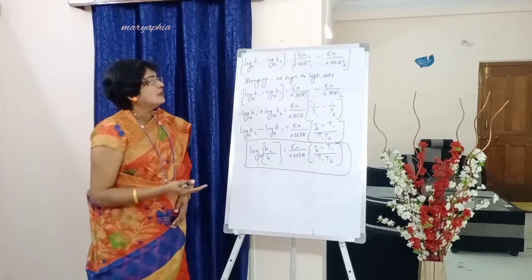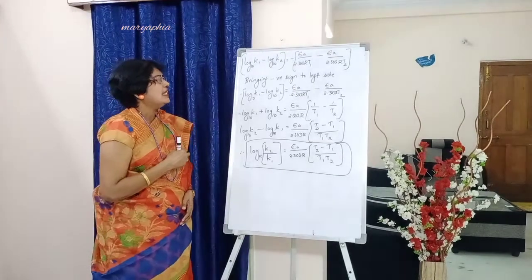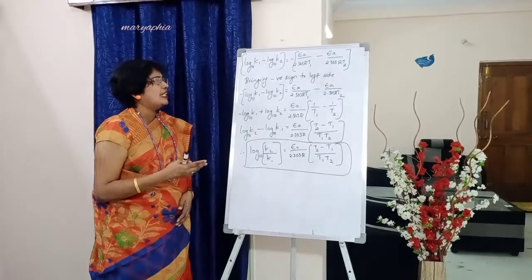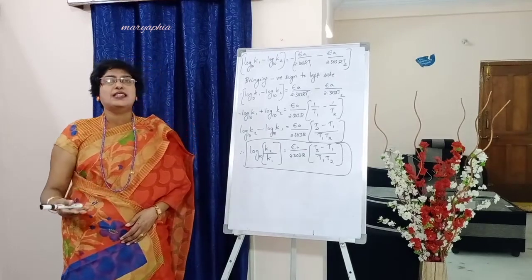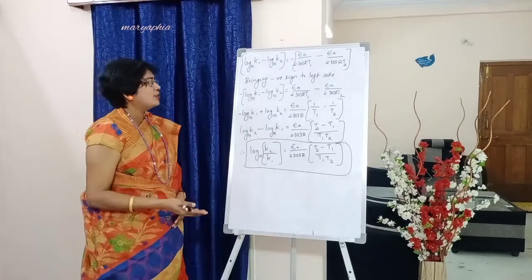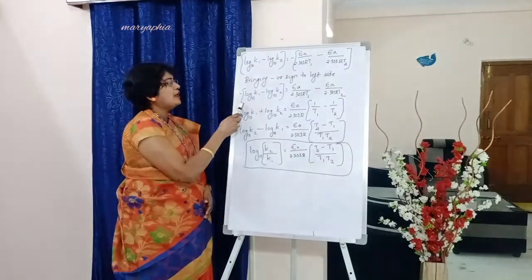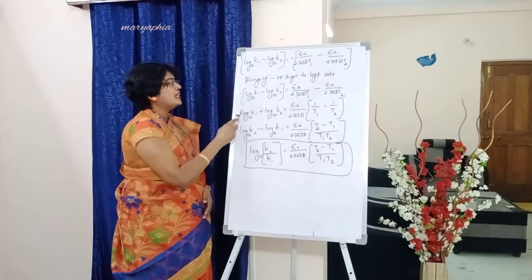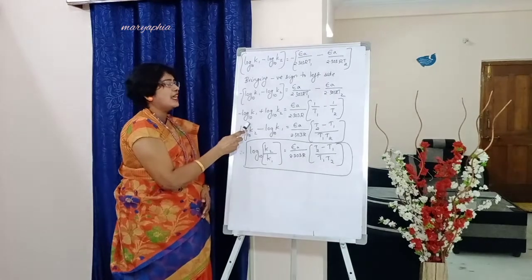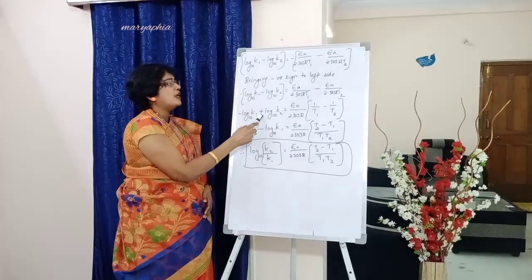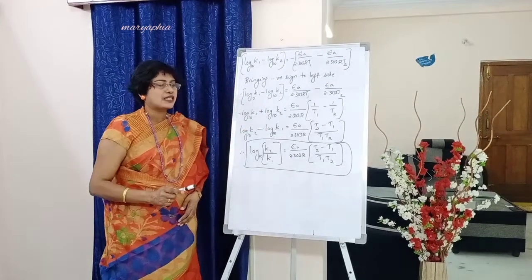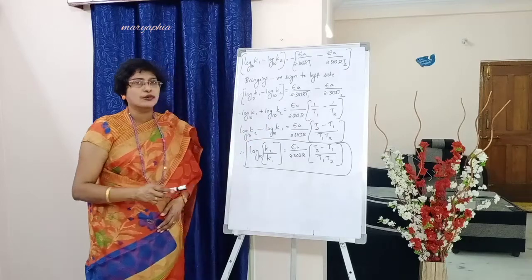So write it without the brackets: EA by 2.303 R T1 minus EA by 2.303 R T2. Written. Next, open the brackets. Minus log of K1 base 10 minus into minus plus log of K2 base 10 is equal to.